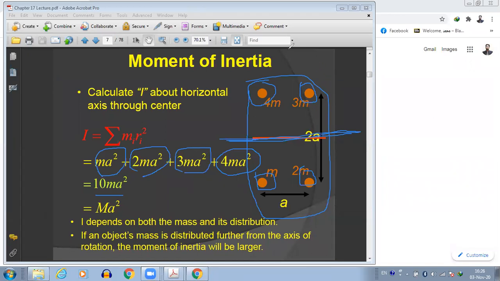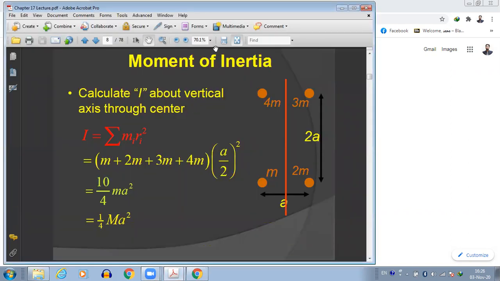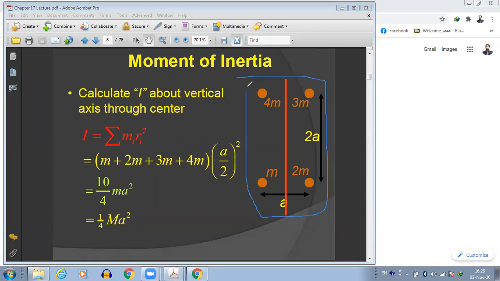Now let us suppose that we have this same object and we need to find the moment of inertia for it, but instead of finding it along this axis of rotation, we want to find it along this other axis of rotation. So for the same object, we are finding the moment of inertia along this axis. Here it is total 2a, so the radius is a by 2, and it's summation m_i r_i squared.